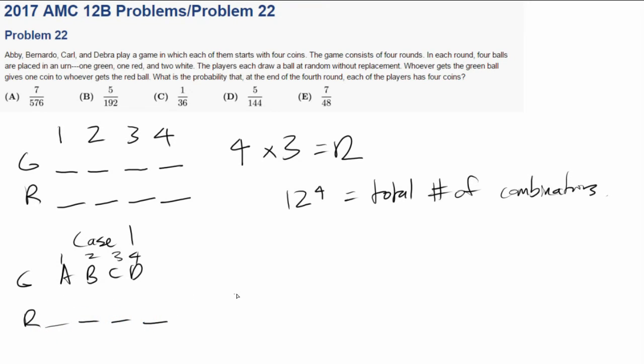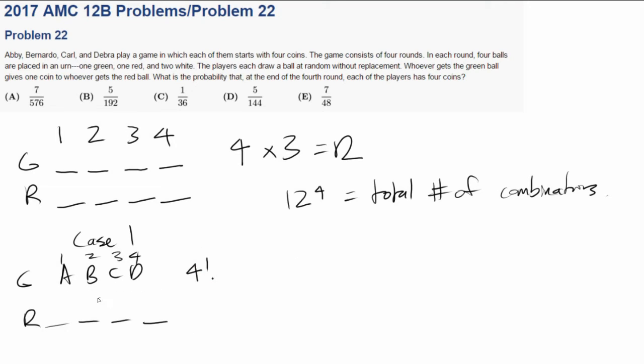First you have to calculate the number of ways we could rearrange this, so that we can count the number of possible permutations of A, B, C, D getting green balls, because it could also be D, C, B, A, or B, C, A, D, right? So we have to count the number of orderings in which A, B, C, D get green balls in the 4 games. And that's just 4 factorial. You just rearrange these, it's just 4 factorial.